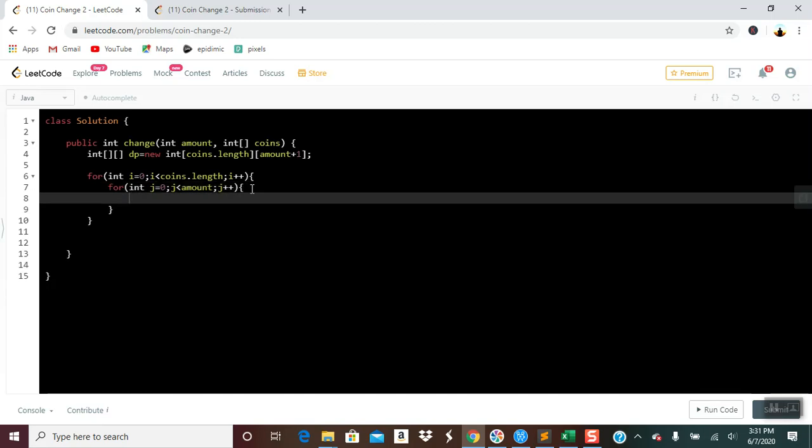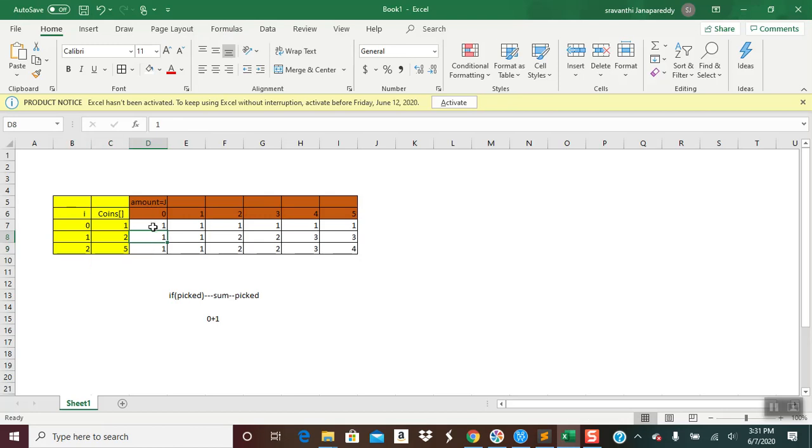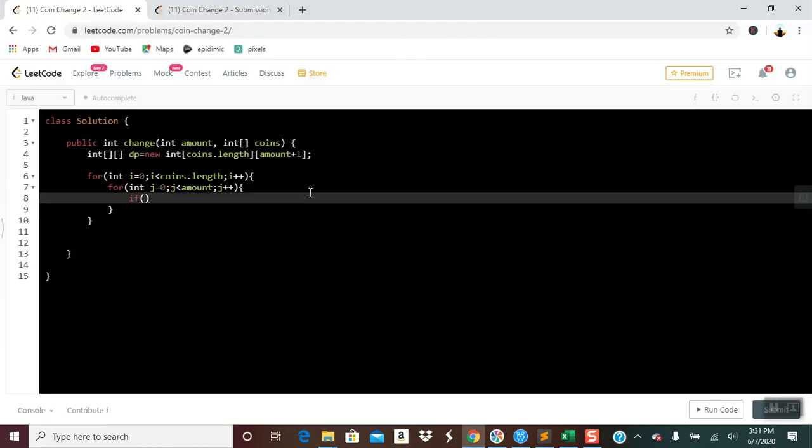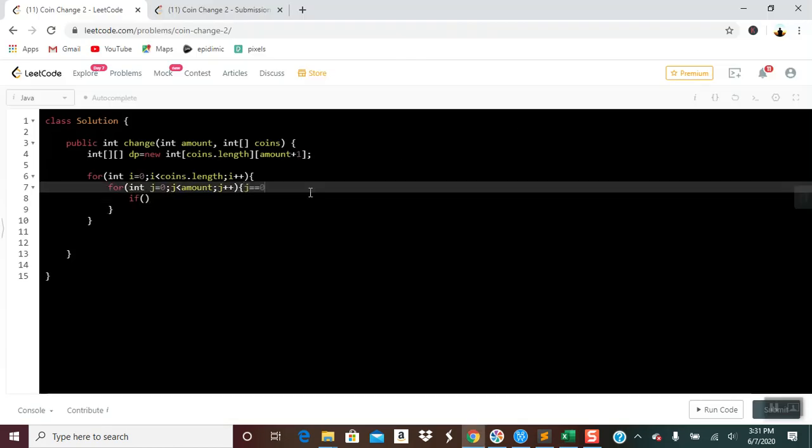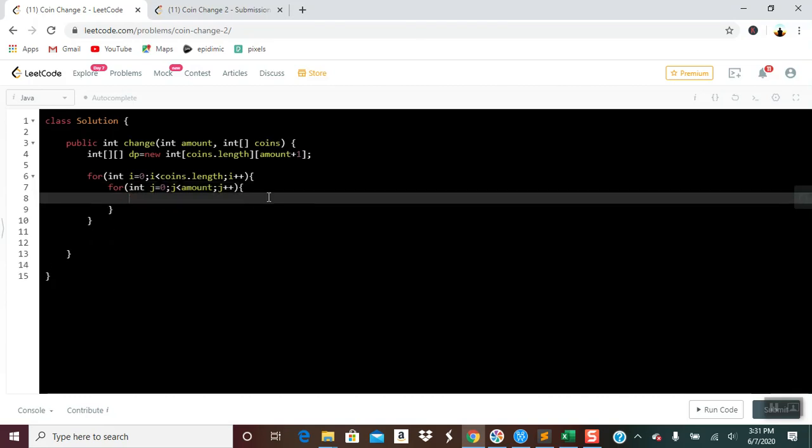right? So what we have to do, as we discussed here, whenever j equals to 0, fill with ones. If j equals to 0, dp of i j equals to 1.